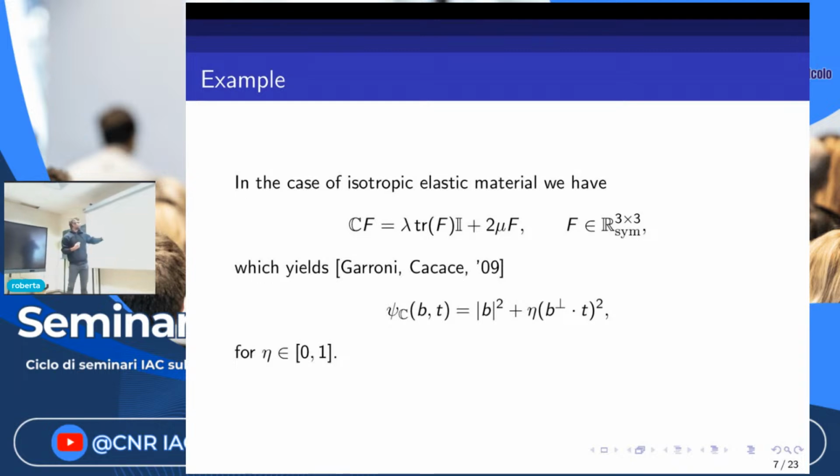In the case of isotropic elastic material, so when the elastic tensor C has this form, which is one of the easiest we can think about, then in Gamma-convergence 2009, in a slightly different setting but still meaningful, they derived that the pre-logarithmic factor, which can be viewed as a relaxed density for the elastic energy per unit length, must take this form.